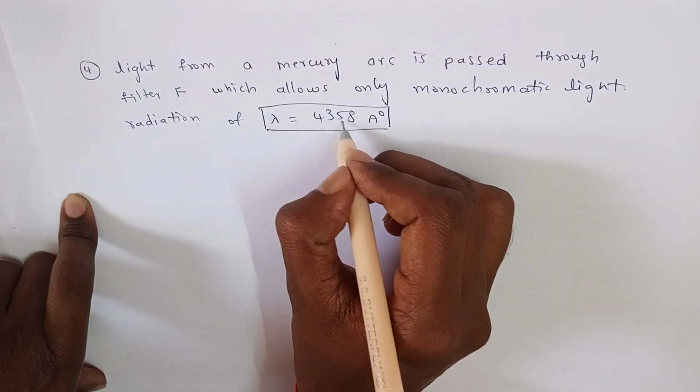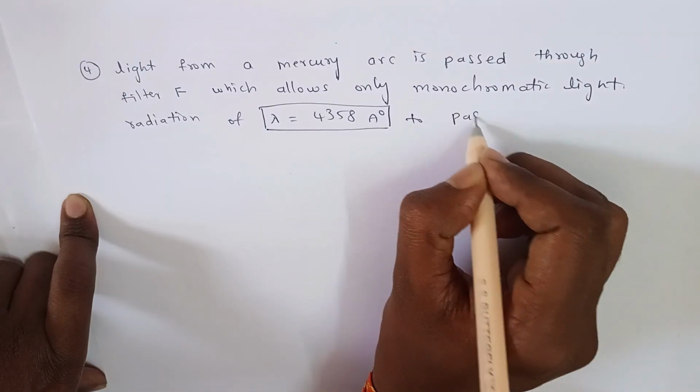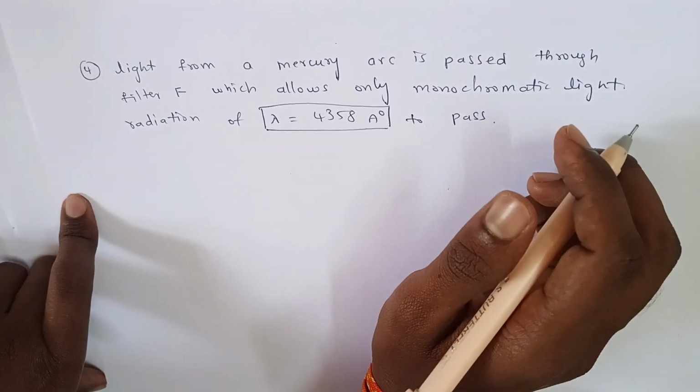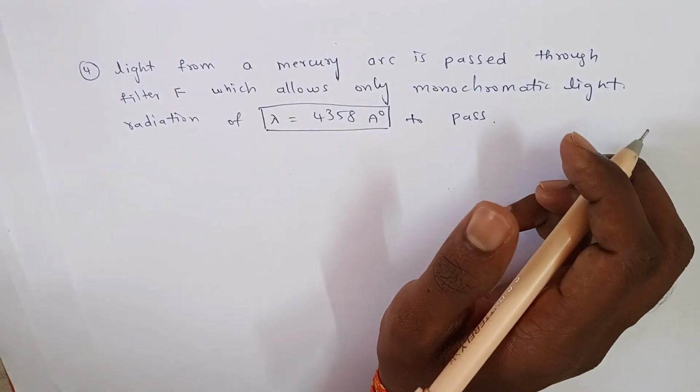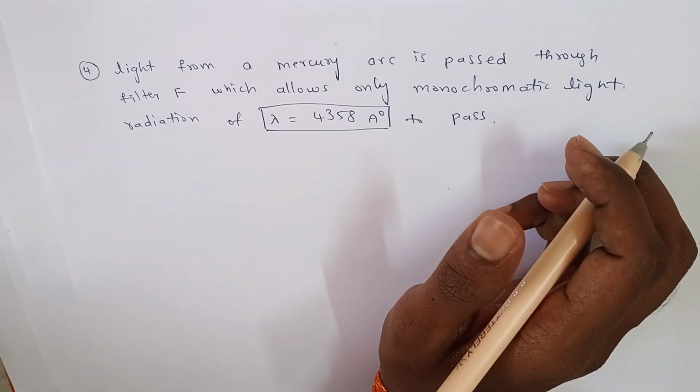Lambda is the wavelength, 4358 angstroms is the wavelength of light allowed to pass.